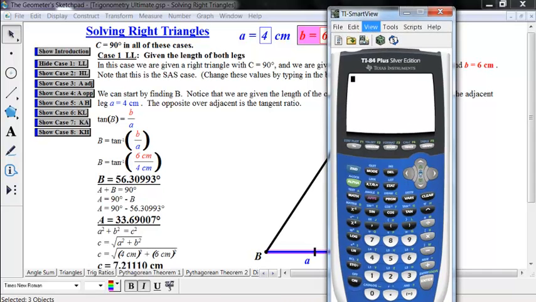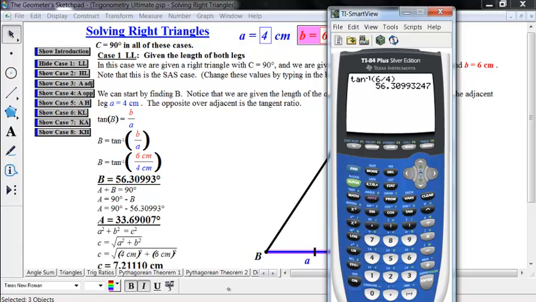Always important to know what mode your calculator is in. So if we do second tangent, that will be inverse tangent, and then it's of 6 over 4, and enter, and that's 56.30993247 degrees. Basically what we have here.